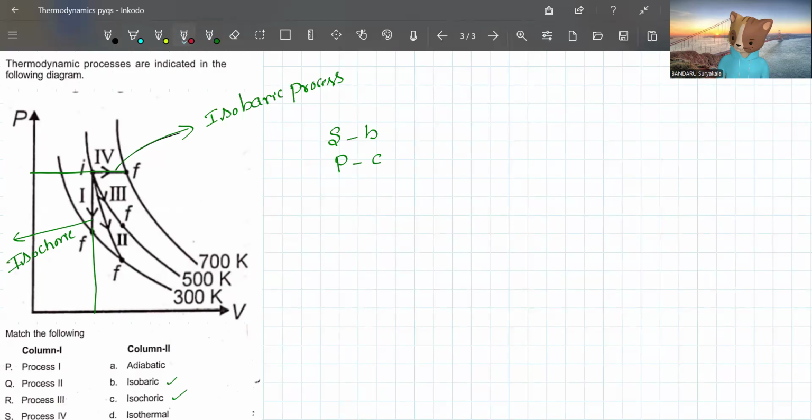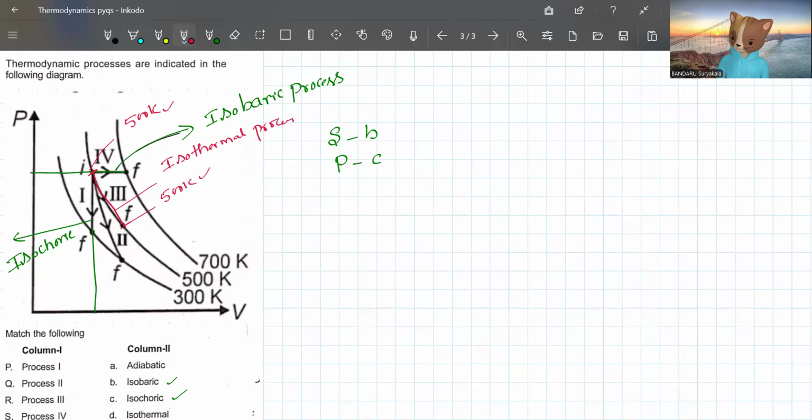If you see, 2 and 3 are starting at this point. This temperature is 500 Kelvin. 3 is on the same line, so here also 500 only. So here the temperature is the same. Process number 3 has the same temperature, so this is an isothermal process.